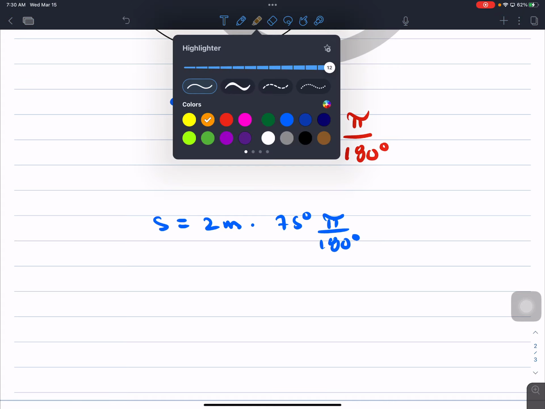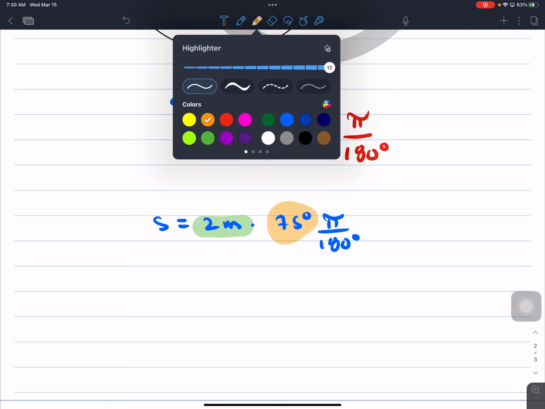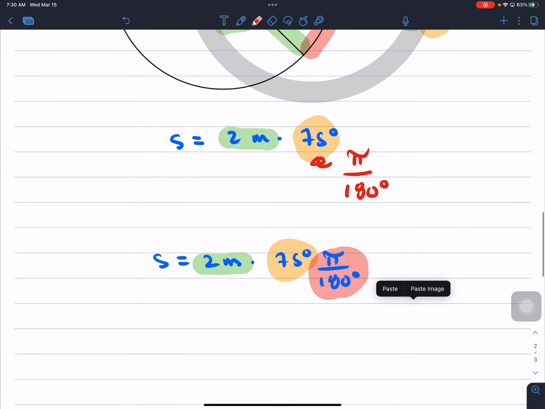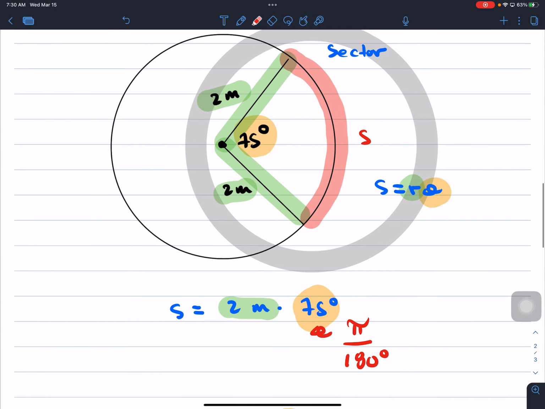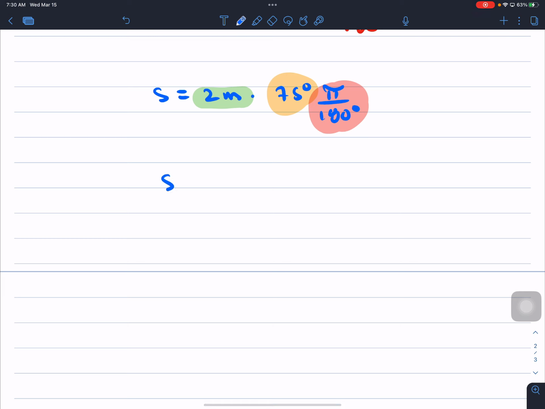Okay, now I'm going to color coordinate this here. 2 meters, 75 degrees. My conversion formula here for the radian measure. This has to be in radians again. Okay? So I'm going to even recommend to you guys, you can put the word radian.